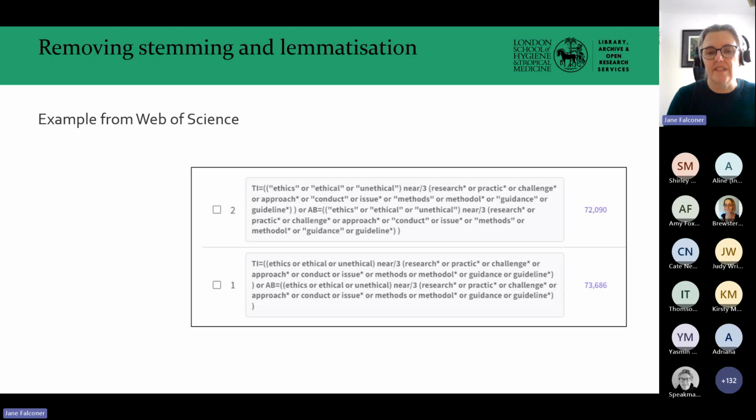So in this article where we're looking for information about ethics in research, adding in the double quote marks has got rid of 1,500 papers, which, when you've got 72,000, you might think, well, actually, that's not a very high percentage, but it all makes a difference as far as I'm concerned. So I do use that.